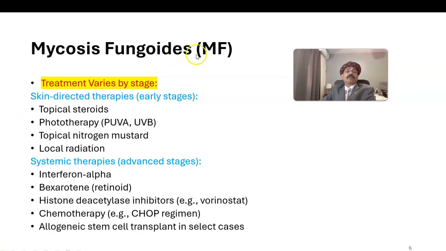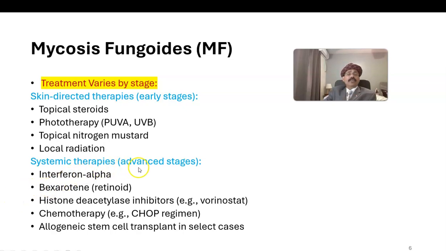Treatment of Mycosis fungoides varies by stage. Skin-directed therapy for early stage: topical steroid, phototherapy, topical nitrogen mustard, local radiation.